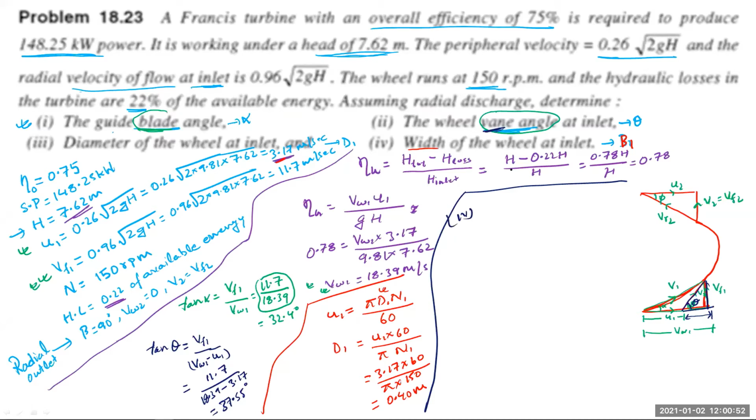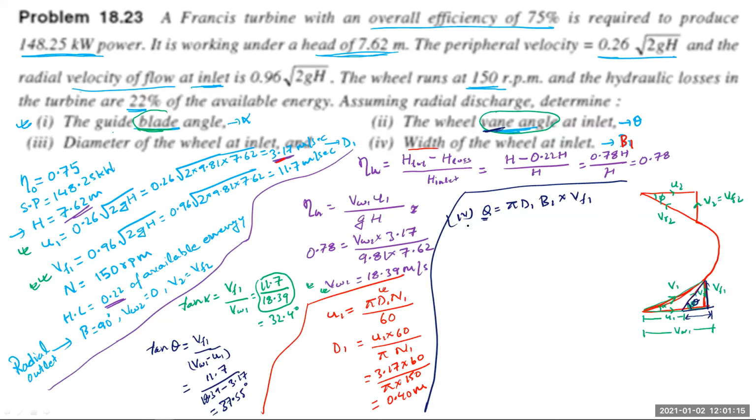I know in which relation B1 is coming in Q. The formula I know is Q equals pi into D1 into B1 into VF1. This is what I know, but I don't know the value of Q.